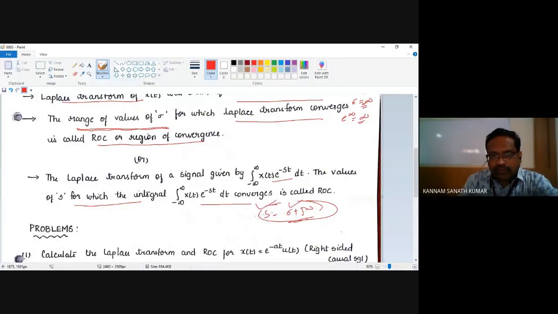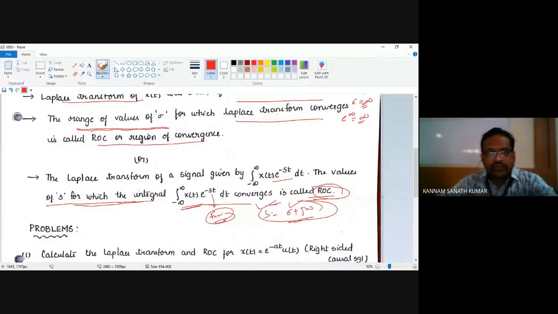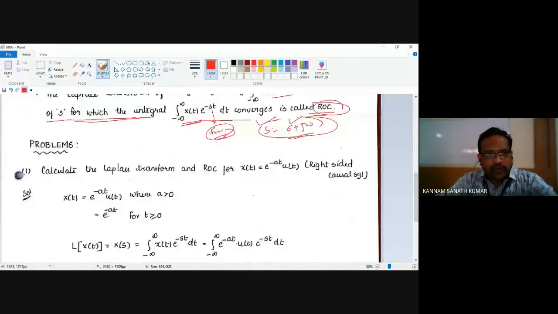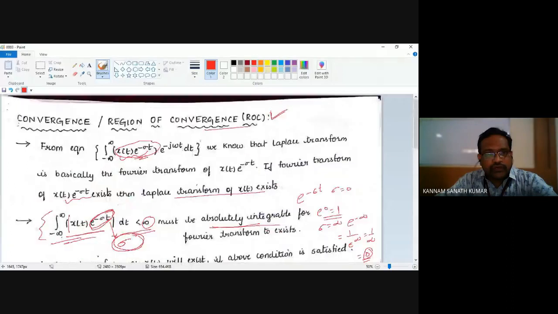So the value of s for which this integral converges, that is, has a finite value, is what we call the ROC, region of convergence. This is one of the important topics. You need to find and define the region of convergence.